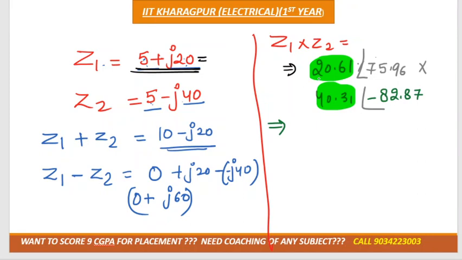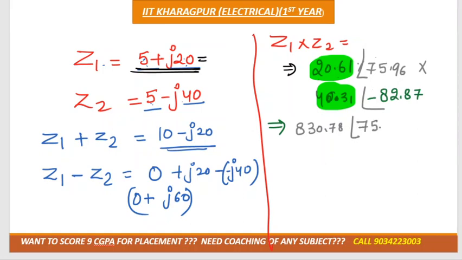Now we'll multiply the magnitude with the magnitude. Okay? 20.61 multiplied by 40.31 is how much? Tell me. 830.78. And in the multiplication, the angles are added with each other.